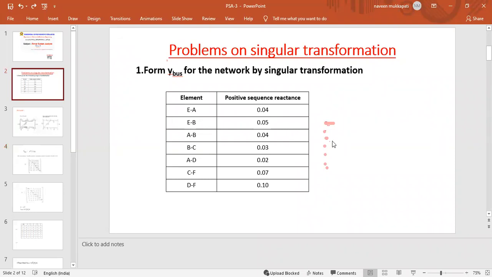Therefore, Z11 is equal to 0.04. Then Z22 is equal to 0.05. Next, Z33 is 0.04, Z44 is 0.03, Z55 is 0.02, Z66 is 0.07, and Z77 is 0.10. These are all the primitive impedance values for the diagonal elements.